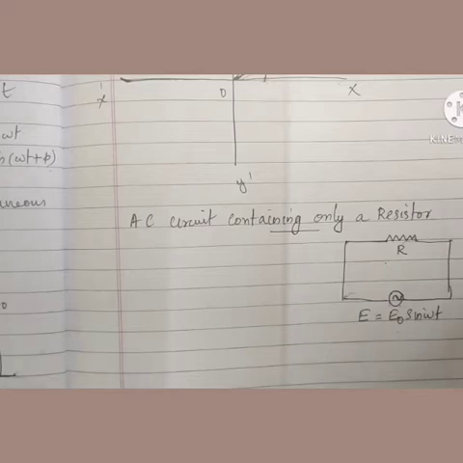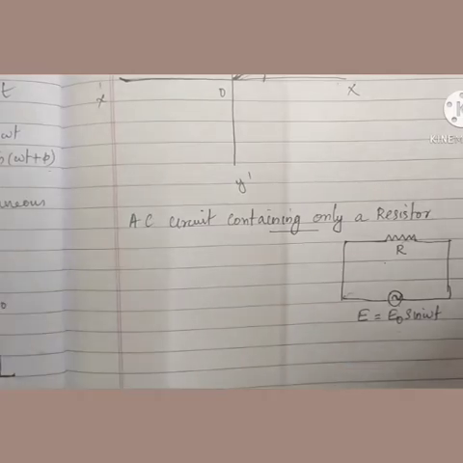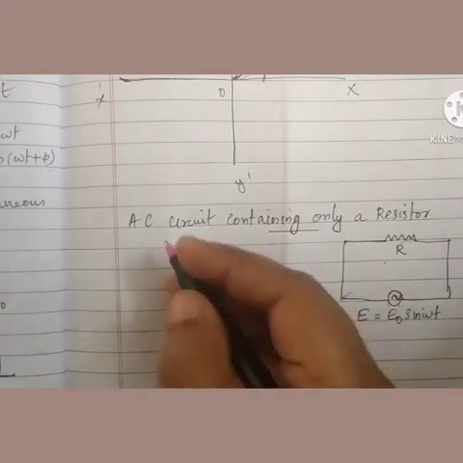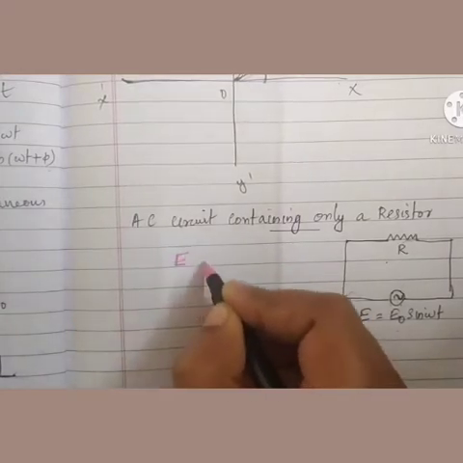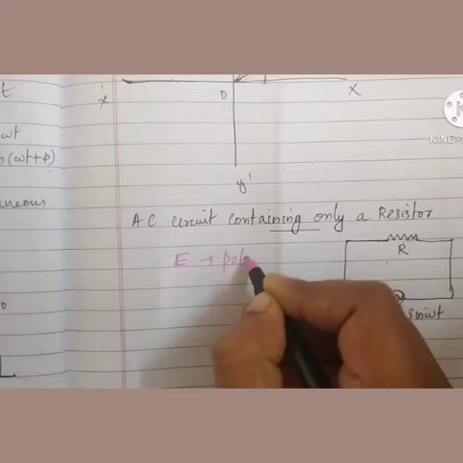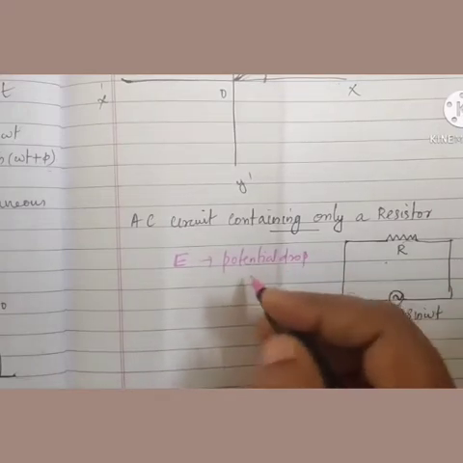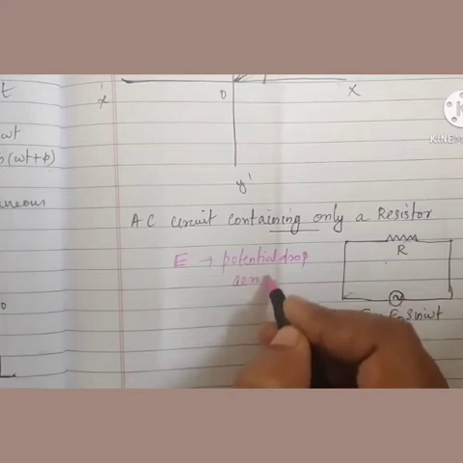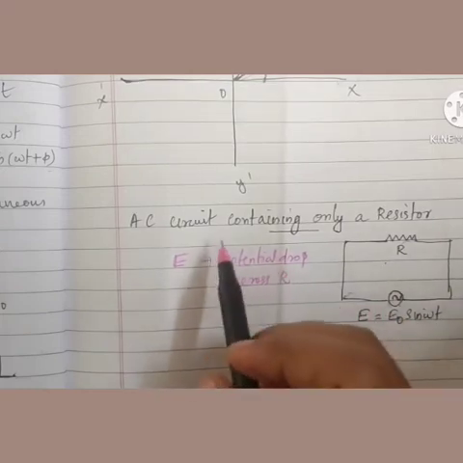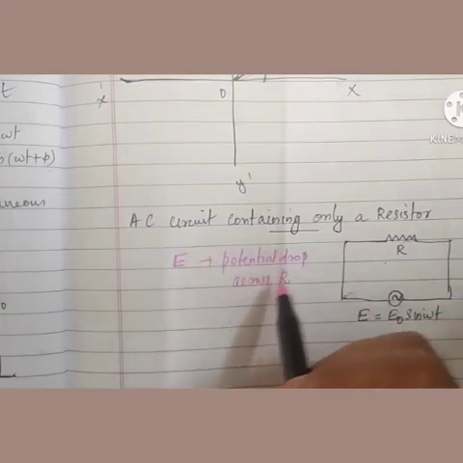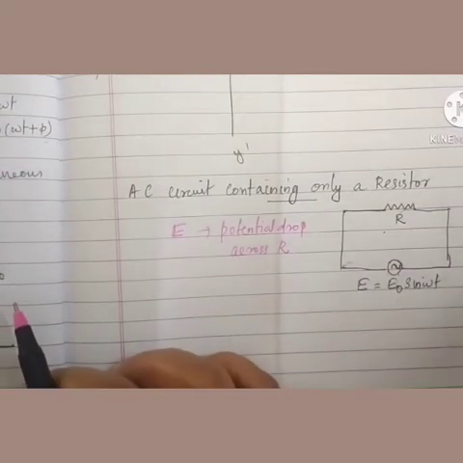So for that, let us consider E as the potential drop across the resistor R. E is the potential drop across the resistance R.